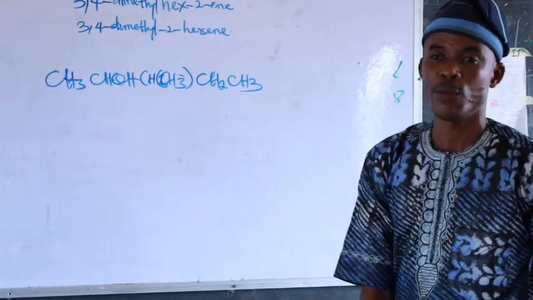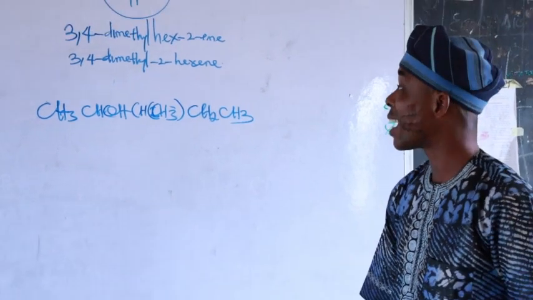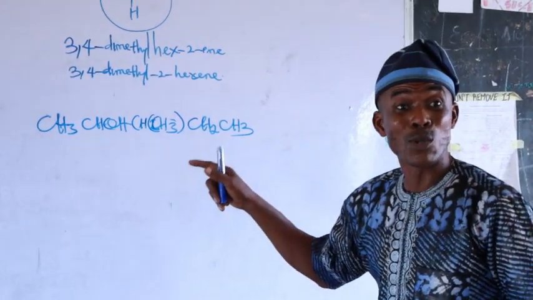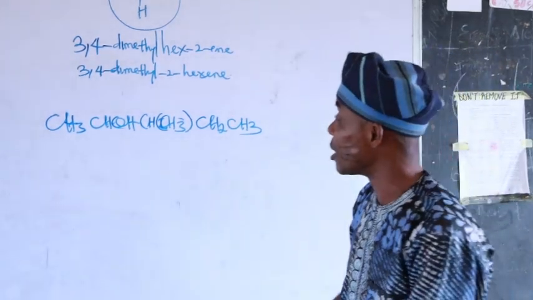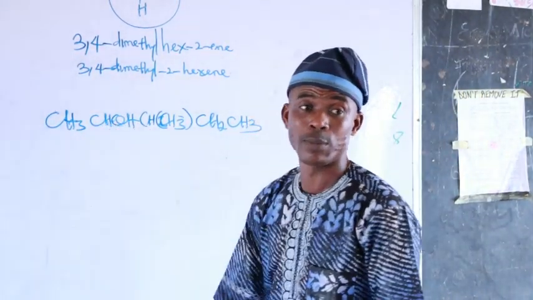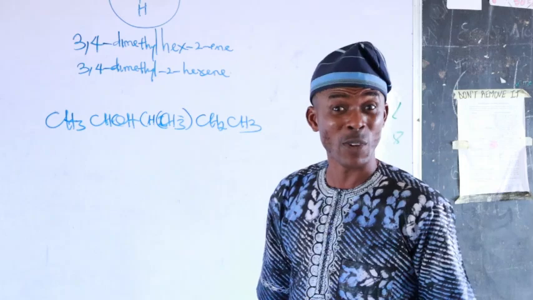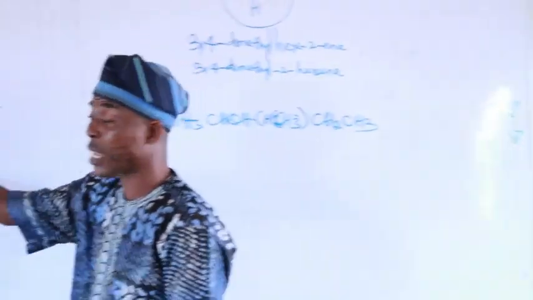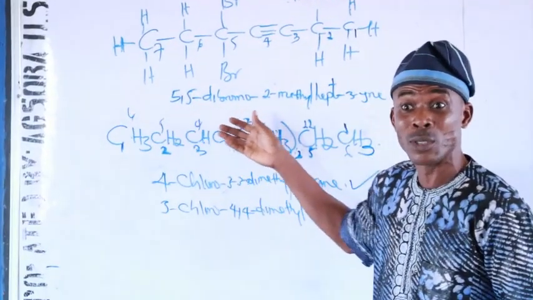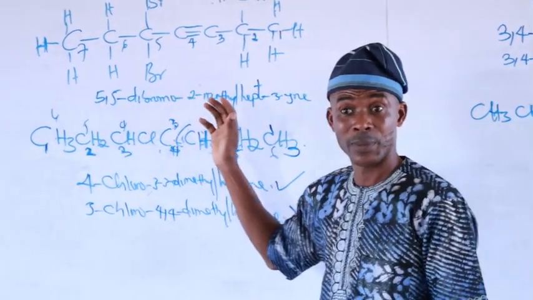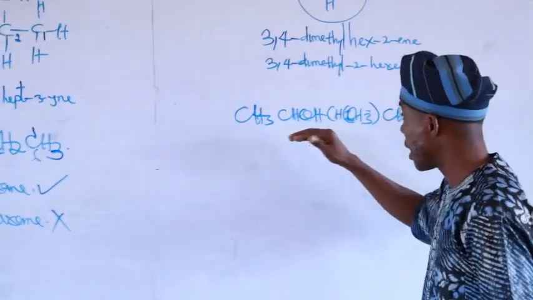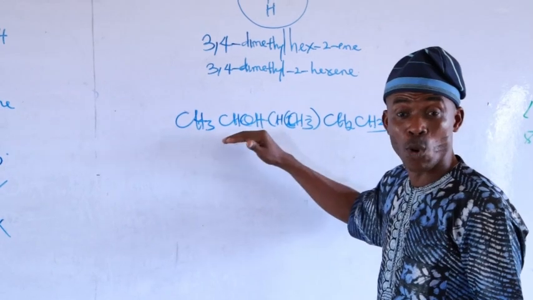Presence of OH. Automatically, your numbering should start from the side that will give the least number to this carbon atom. There's no controversy. Here we're able to look at this on both sides because what you have here is carbon to carbon single bond. But here, the functional group is here, so there is no controversy.